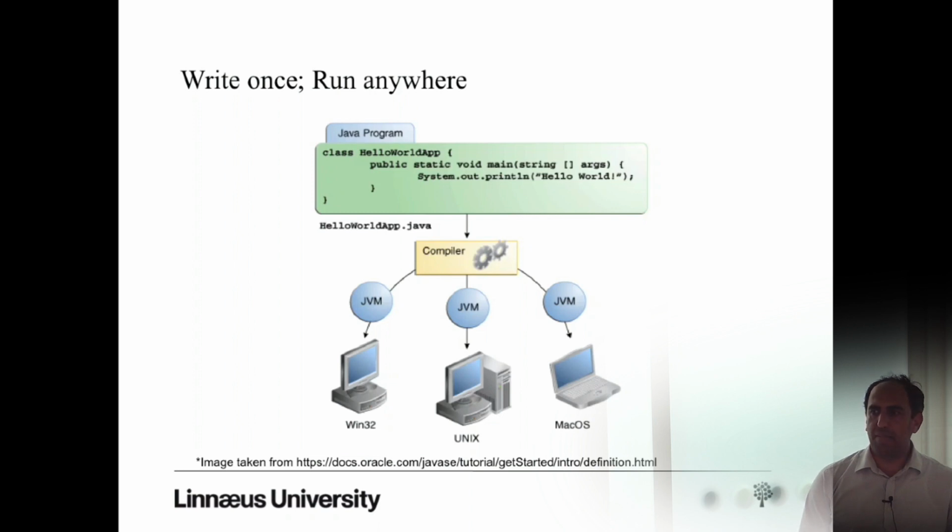Okay, and there is often confusion between different terminologies. We have heard about the JDK, the Java Development Kit, the JVM, the Java Virtual Machine, and the Java Runtime Environment. Can anyone help me explain the difference between these three?